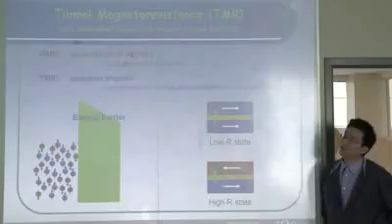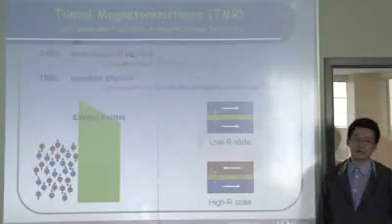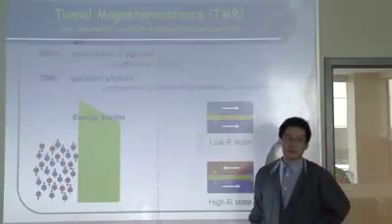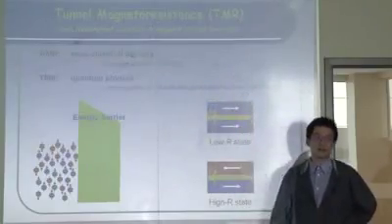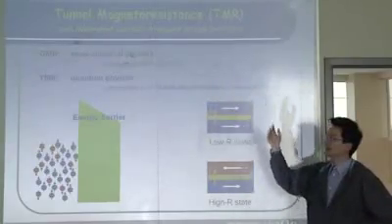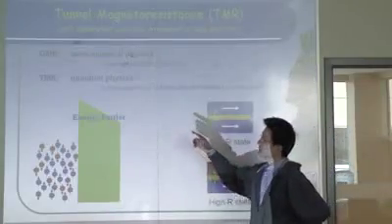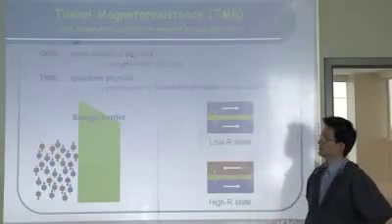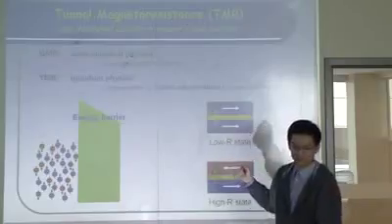Okay, now let's move on to the next part. I will introduce you to another magnetoresistance phenomenon, the tunnel magnetoresistance. You've heard about the giant magnetoresistance, which is actually a semi-classical phenomenon. You can easily understand it by considering spin-dependent scatterings. But the tunnel magnetoresistance phenomenon is totally a quantum phenomenon, and there's no classical counterpart.